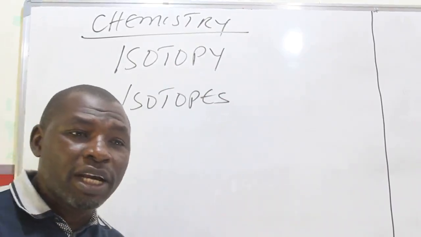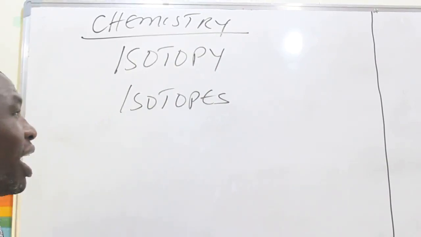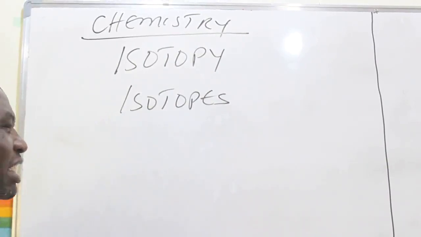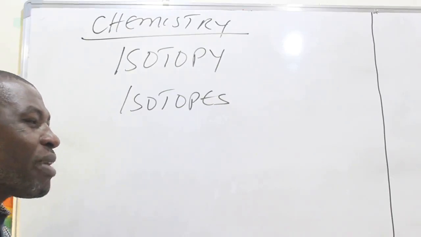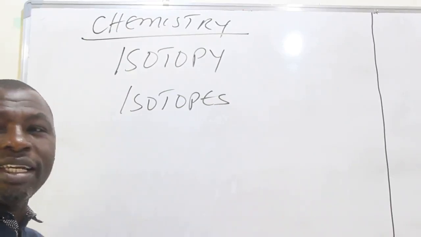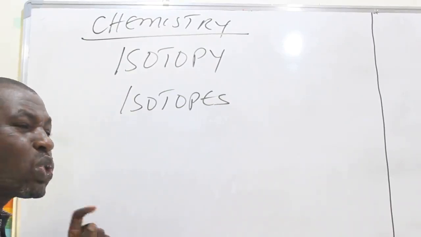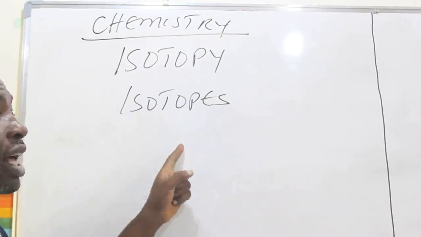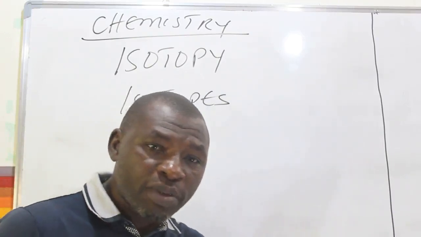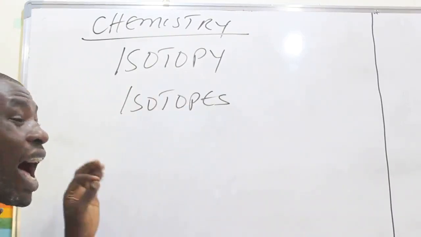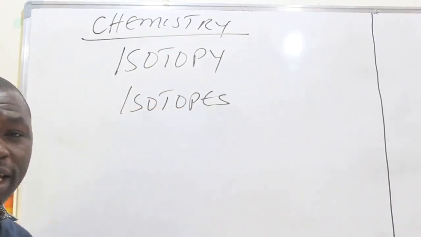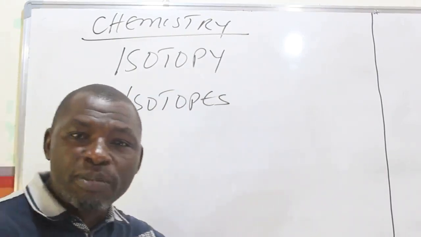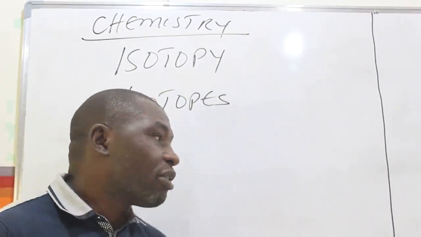Last week when we were talking about atomic structure, I told you that the specific identity an element has, what makes that element, is its atomic number. So no two elements can have the same atomic number. So you don't define isotopes as elements having the same atomic number, but as atoms of the same element having the same atomic number but different mass number.